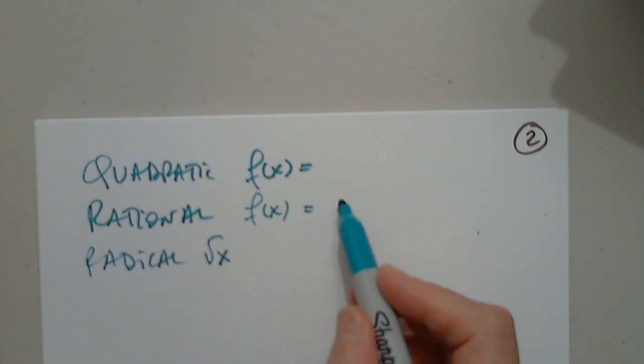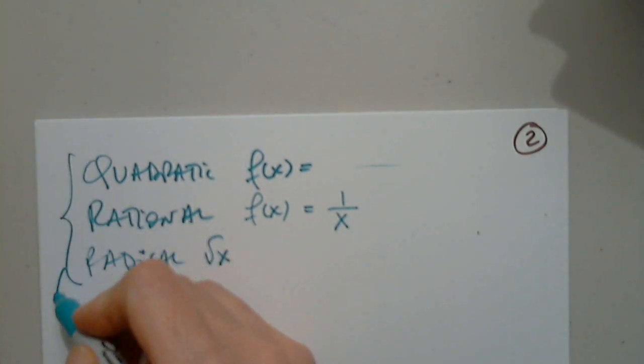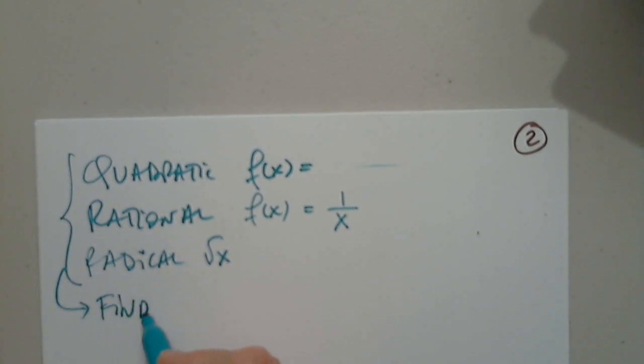And also here, I would like to start with the simplest one, which is 1 over x. And then we'll look at other functions. So can anyone give us a quadratic function so we can start with that? So for all these functions, we want to find f prime of x. So can anyone give us a quadratic function?